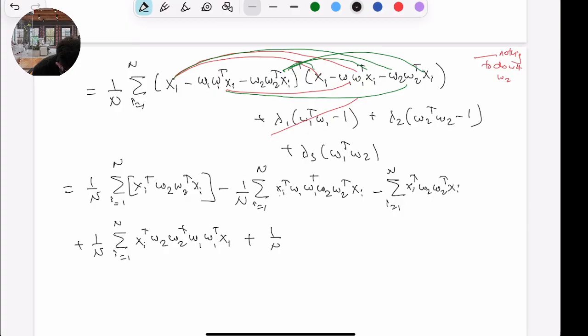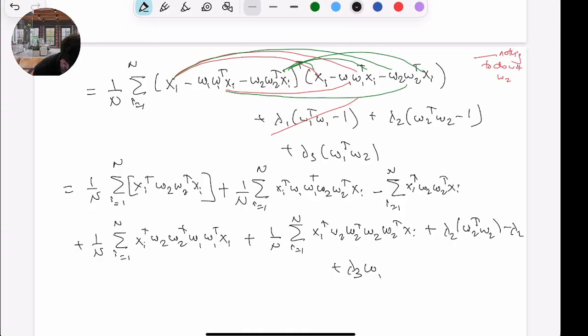Wait, let me make sure that this is accurate. Yeah, I guess this should also be plus, because when I'm calculating this, I'm coming from here to here, so negative times negative is positive. 1 over n, i equals 1 to capital N. Now I'm doing the last one. x of i transpose W2, W2 transpose W2, W2 transpose x of i, plus lambda 2, W2 transpose W2 minus lambda 2, plus lambda 3, W1 transpose W2.